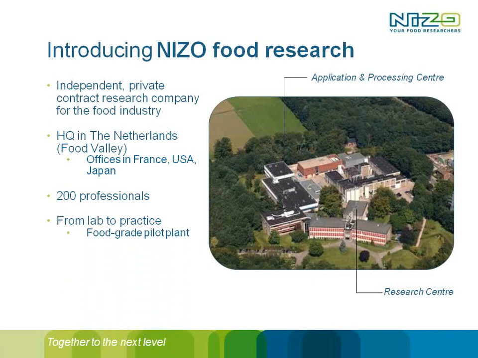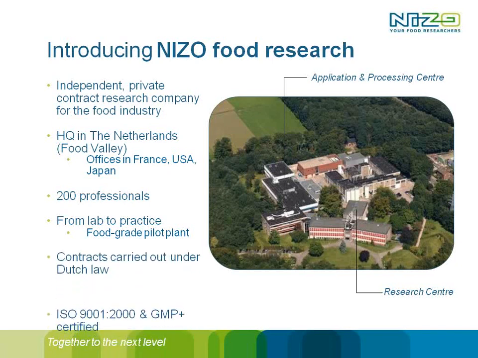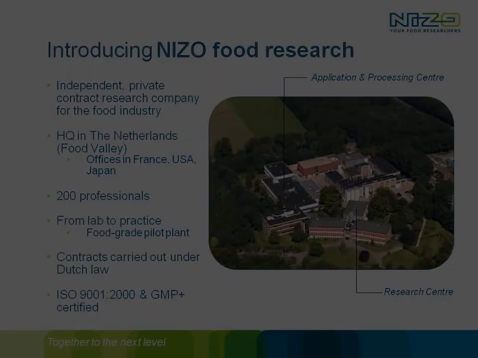And of course, we do that not only at lab scale, but we also have the possibility of carrying out experiments in our food grade pilot plant at various scales, with a maximum of 10,000 liters per hour. Finally, we work under Dutch law, and of course we have all the necessary certificates, for example ISO 9001 and GMP Plus, with regard to the feed products we can produce as well.